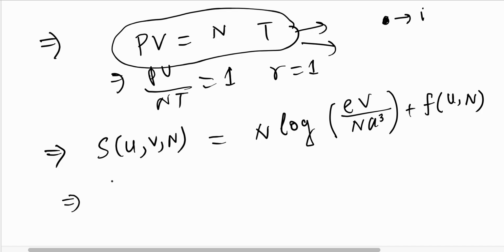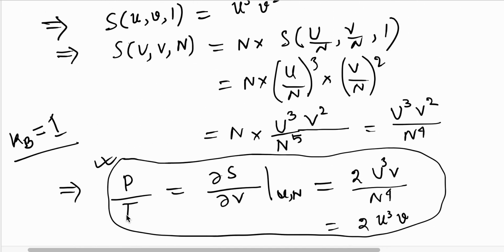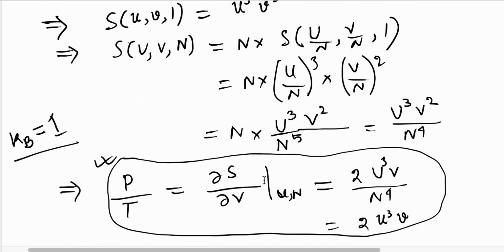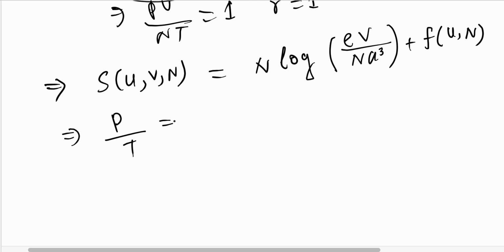Now we know that P by T is equal to del S del V keeping S, U and N constant, that means P by T is equal to del S del V keeping U and N constant. If we keep them constant, the term that is a function of U and N will give 0, so only this term will contribute.